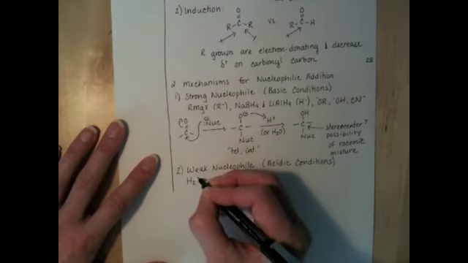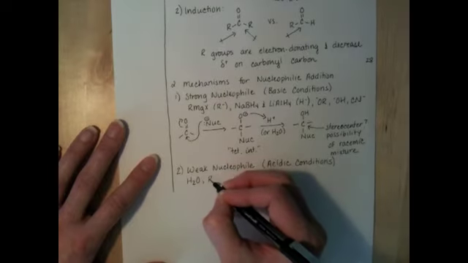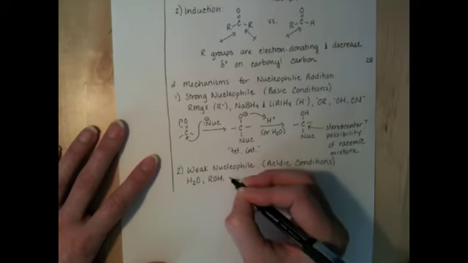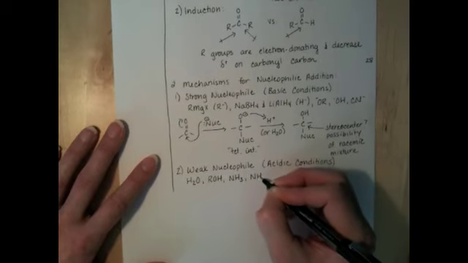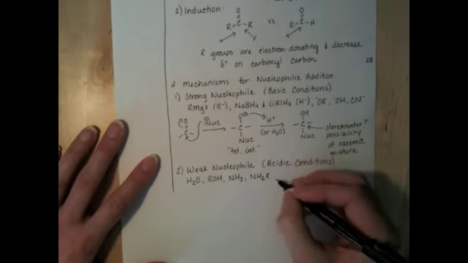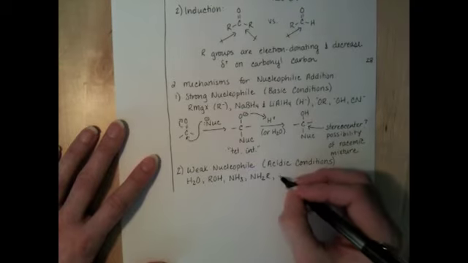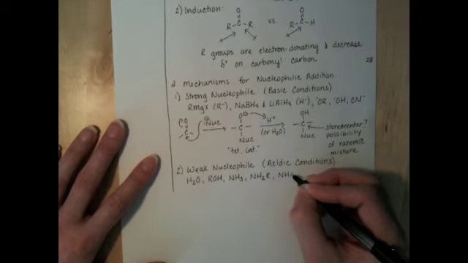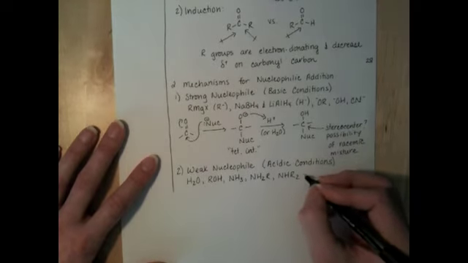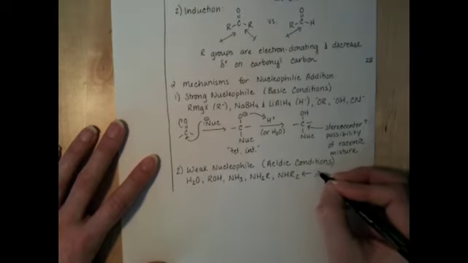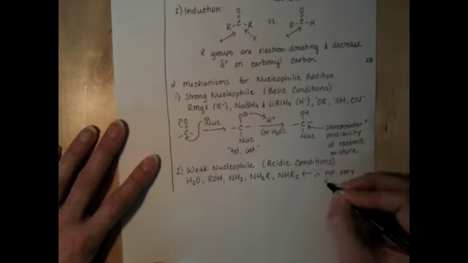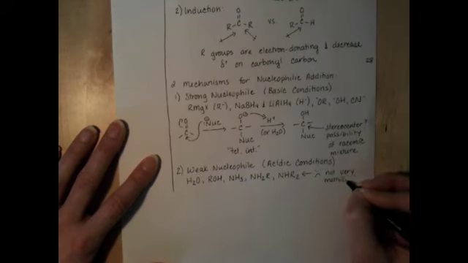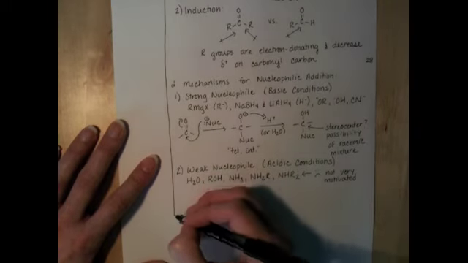Weak nucleophiles that will do this reaction are water, alcohols, ammonia, amines, and H2N-R primary amines and secondary amines, although the secondary amines don't really want to do this. They are not very motivated to do this reaction. It's a possibility, but it's not favorable.